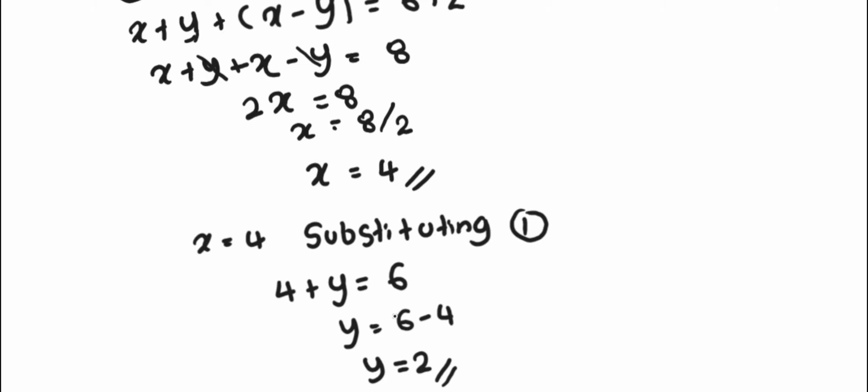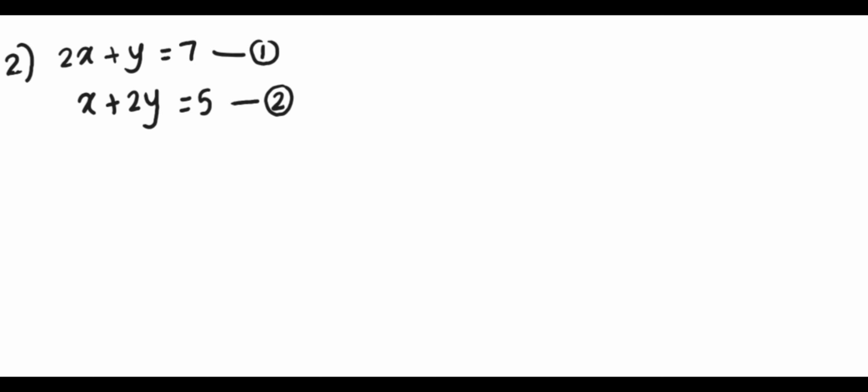So let's talk about another example to clarify this more. This is the second example. 2x plus y equals 7 is our first equation, and x plus 2y equals 5 is our second equation.